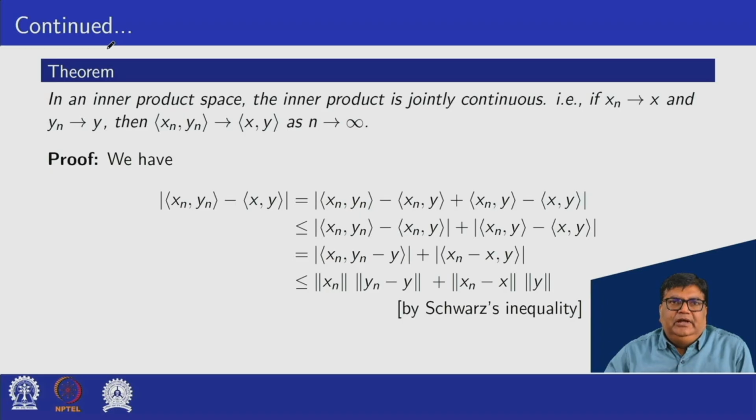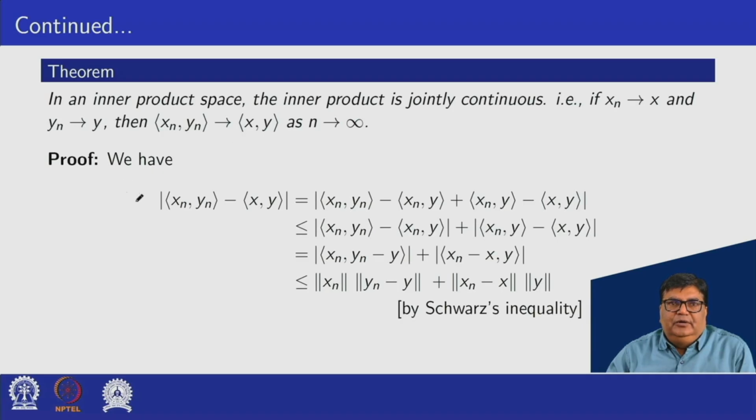Next theorem. In an inner product space, the inner product is jointly continuous. That is, if x_n converges to x and y_n converges to y, then inner product of x_n, y_n converges to inner product of x, y as n tends to infinity, where x_n, y_n, x, y all are members of the inner product space.